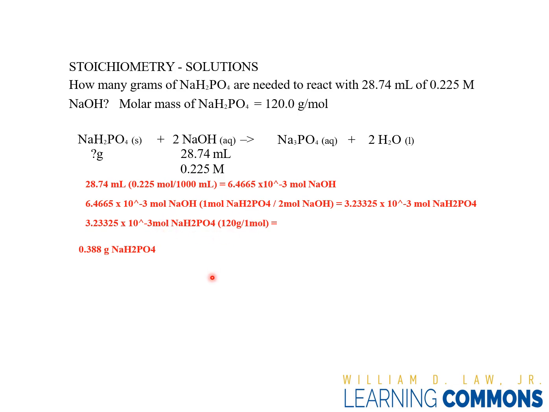My final answer is 0.388 gram sodium dihydrogen phosphate, as he asked me in this example.